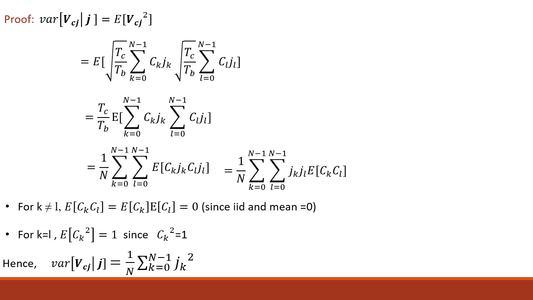If we assume that k is equal to L, we have expected value of Ck square, and this will be equal to 1, because Ck can take either +1 or -1, so Ck square is always 1. So the average value of Ck square is 1. So we have come to the expression of variance of Vcj given j as 1 by n summation k going from 0 to n minus 1 jk square.